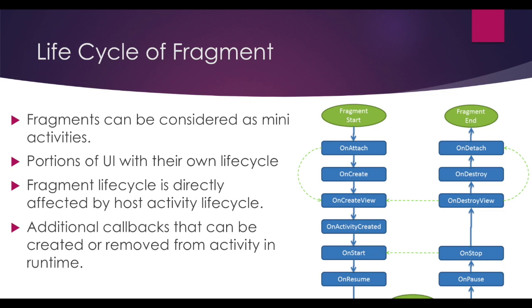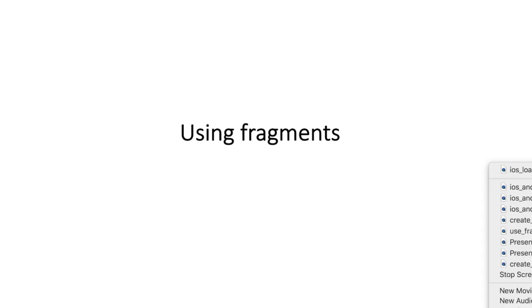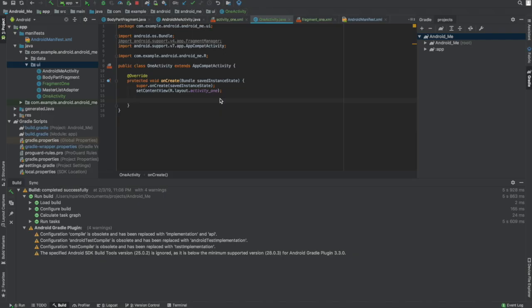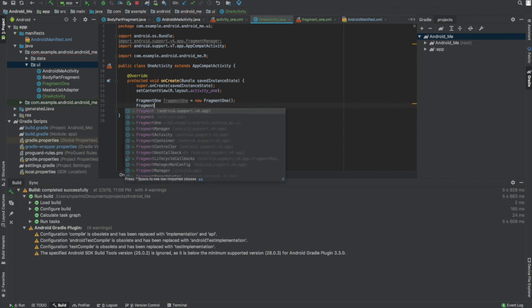Now that we know what a fragment is and what its life cycle looks like, let's take a look at some code and see how to include fragments inside an activity. In order to add the fragment to an activity, you need to instantiate the fragment first, as shown on the screen. And now get the support fragment manager.